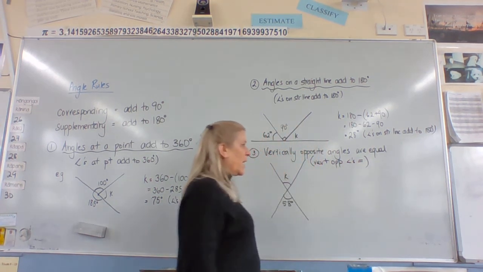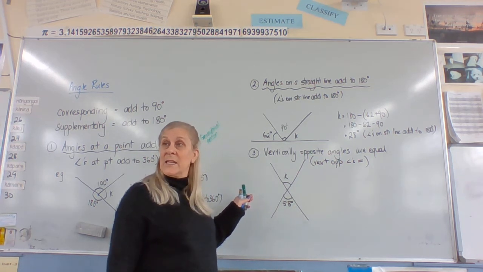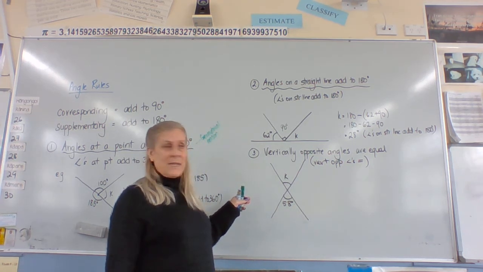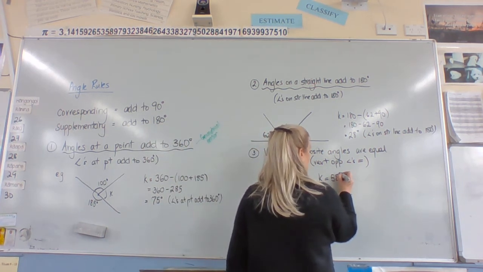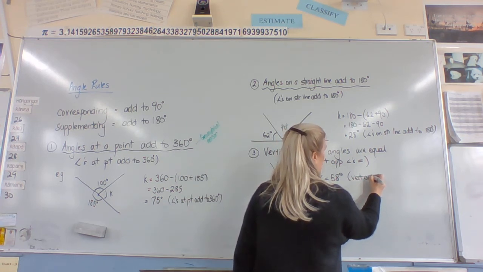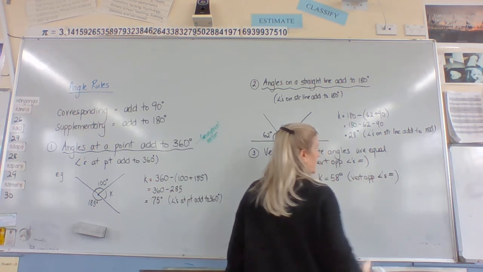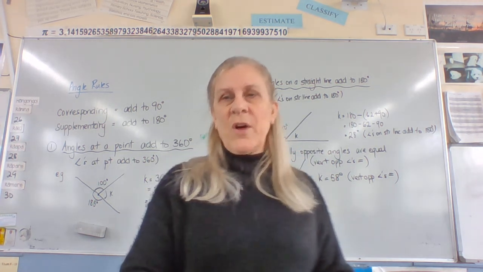Don't even need the word are. So therefore, this one's really easy to find because what's K? Good, 58. K equals 58. And the reason is because it's vert, opp, angles, equal, done. So those three rules you learnt last year, we're going to just revise them today.